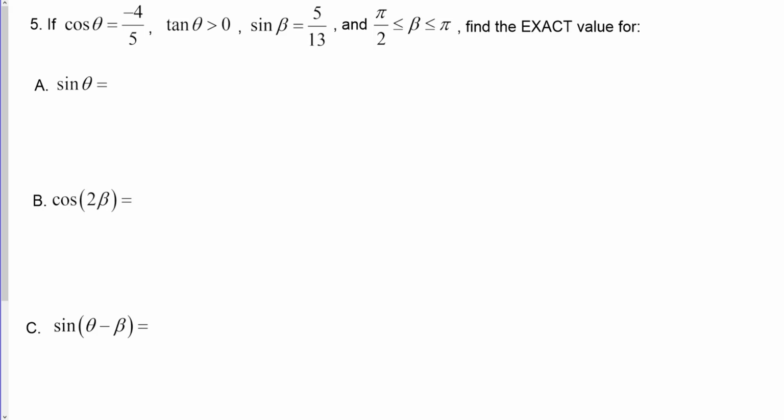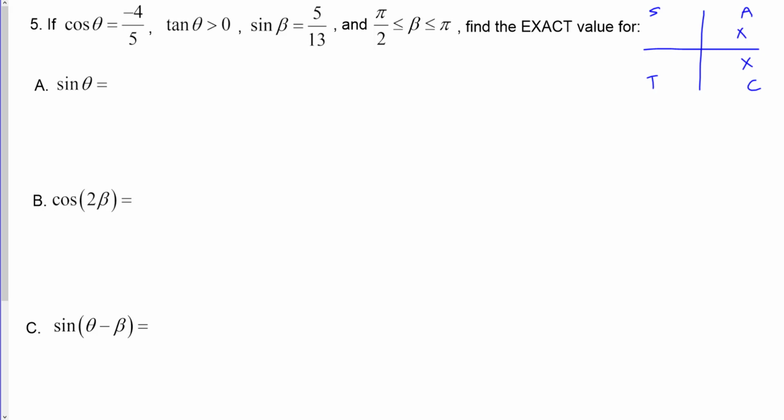So cosine of theta is negative 4/5, which means the cosine is negative. So theta is not in quadrant 1. It could be quadrant 2, it could be quadrant 3, but it's not quadrant 4 because cosine is positive there.